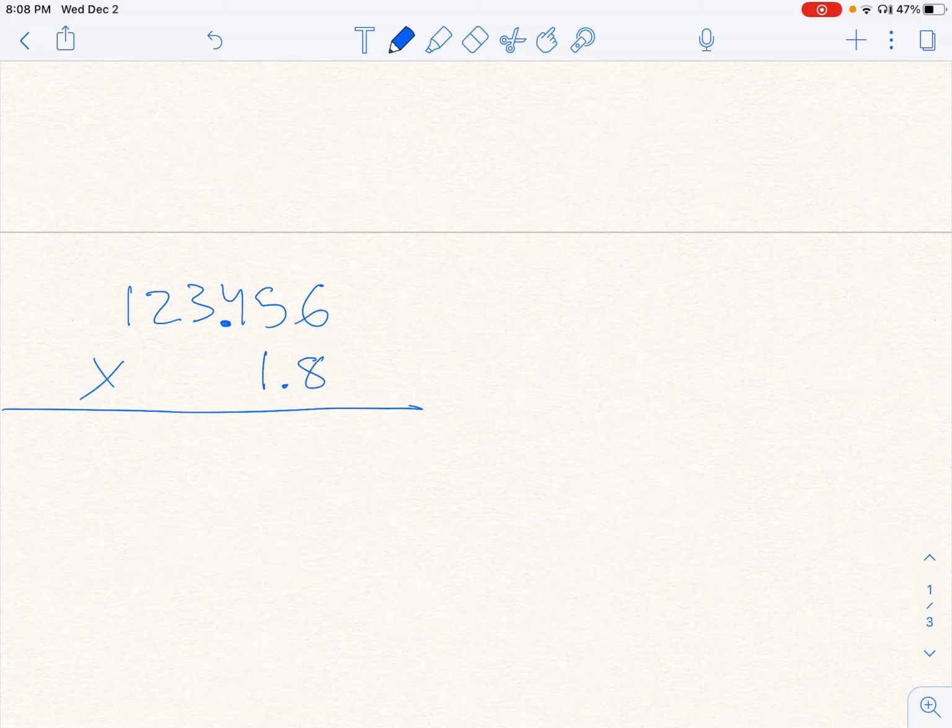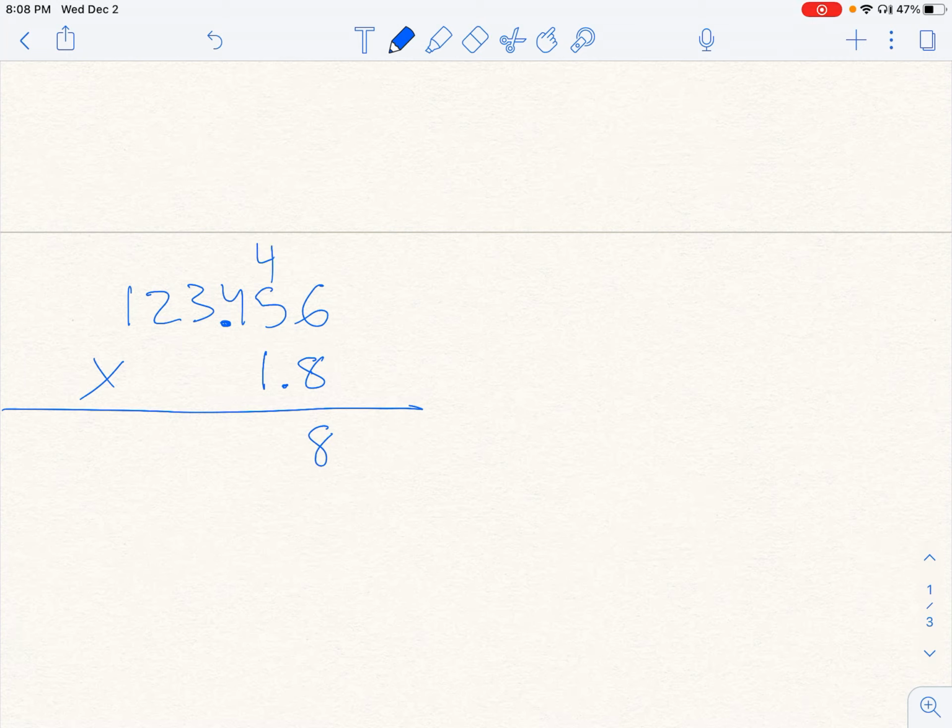Oops, sorry. 48. 8 times 5 is 40, plus 4 is 44. 8 times 4 is 32, plus 4 is 36. 8 times 3 is 24, plus 3 is 27. 8 times 2 is 16, plus 2 is 18. 8 times 1 is 8, plus 1 is 9.